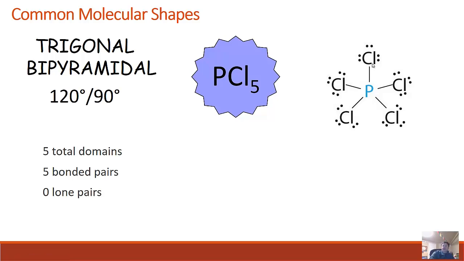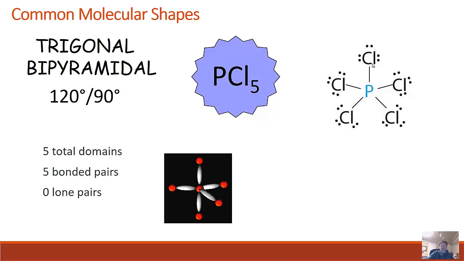It's going to be 120 degrees if we look on the flat part this way, and then 90 degrees if we look this way. So I'll show you a picture of what that looks like. Once again, here's our 90 degrees up and to the side, and then looking at the planar part, we got 120 degrees between each of these. Another way to represent it.